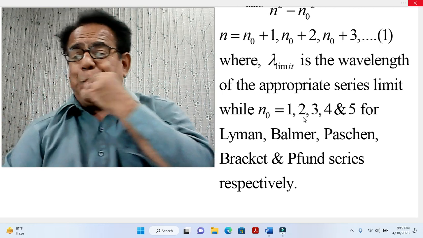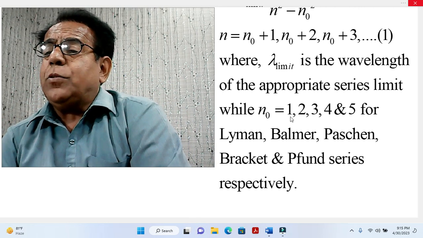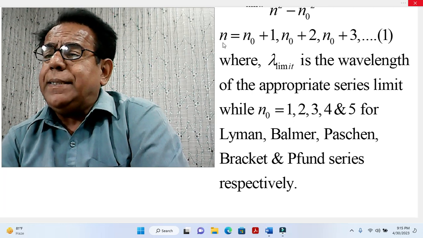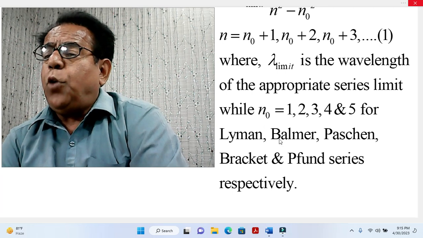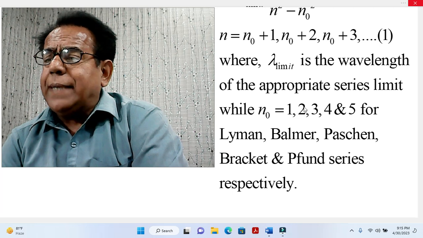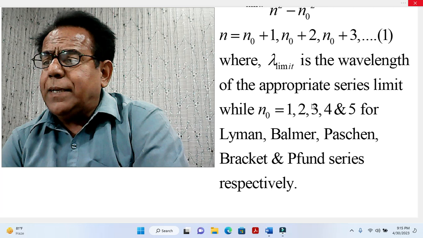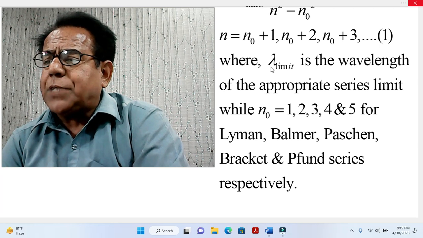Meaning that for Lyman, n naught is equal to 1, and then n starts from 2. For Balmer, n naught is equal to 2 and n starts from 3. For Paschen, n naught is equal to 3 and n starts from 4.